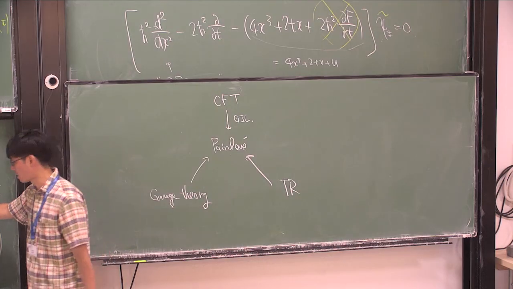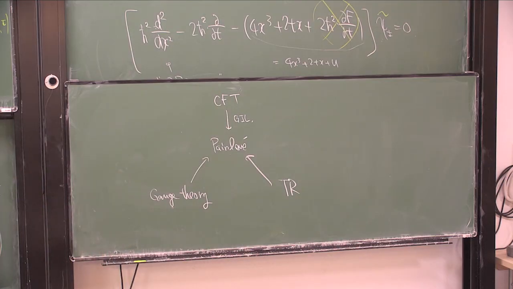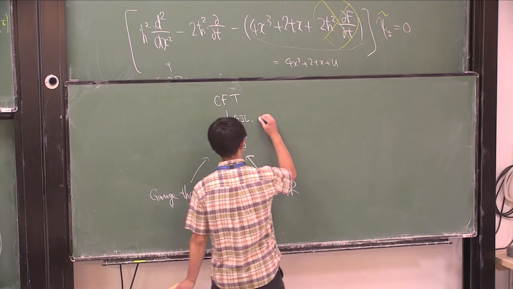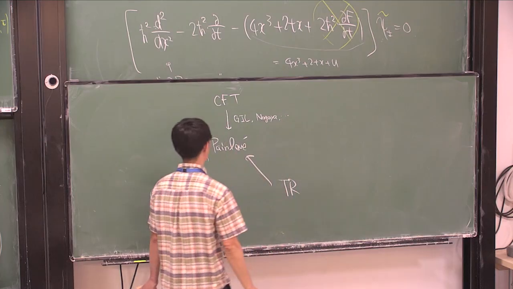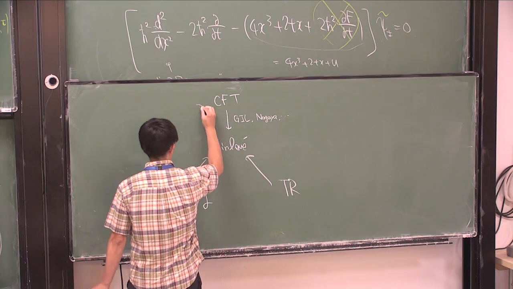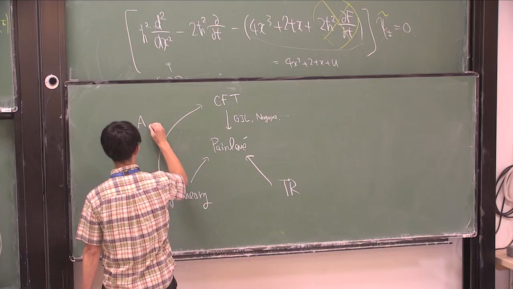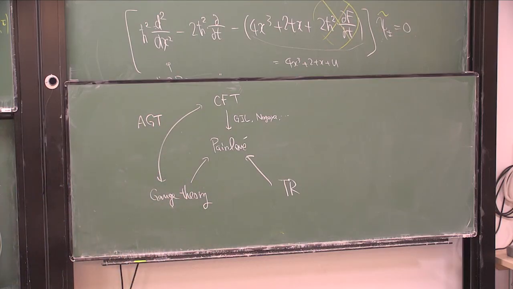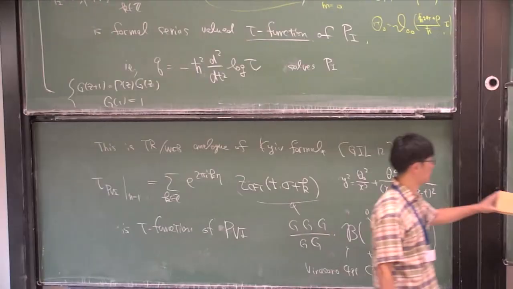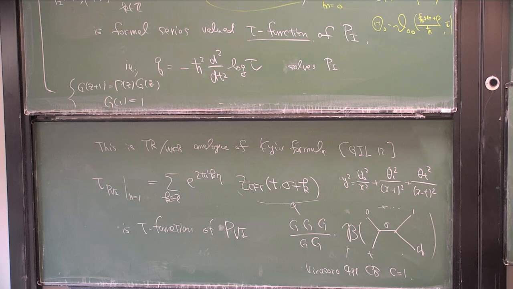You can construct a tau function by Bäcklund transformation of the CFT conformal block. And the irregular version is also proposed by Nagoya, for example, and many people. These are related by the so-called AGT correspondence, at least in the regular singular case. This kind of conformal block is known to be related to the Nekrasov partition function.